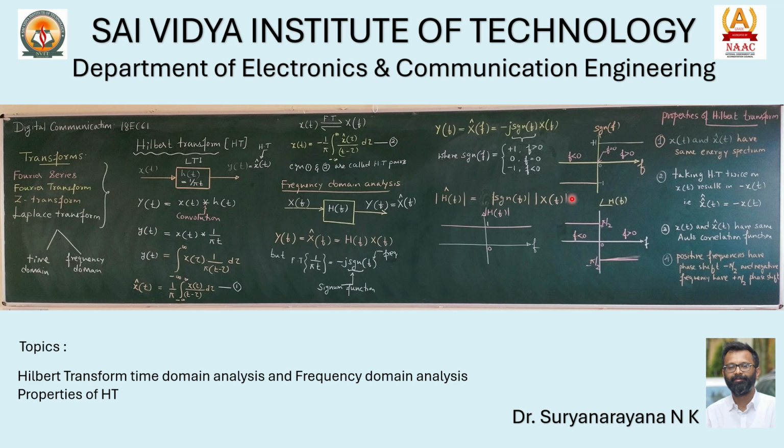So this signum function equation is represented in the form of a diagram like this, with positive frequency, negative frequency, plus 1 amplitude and minus 1 amplitude. Now I am going to multiply this signum function with x of f.